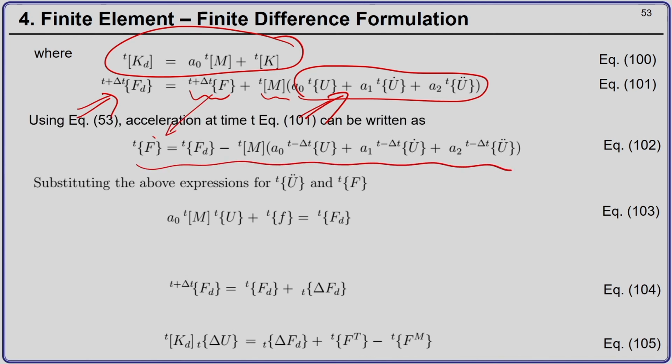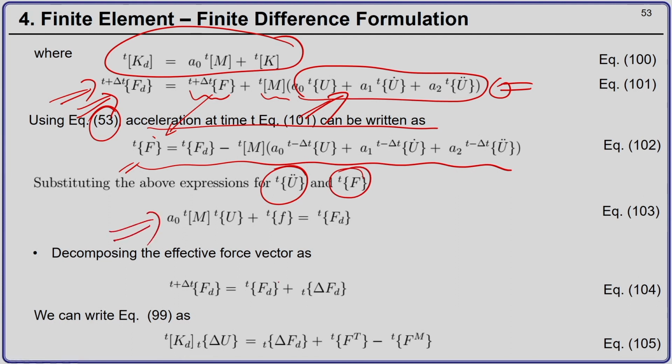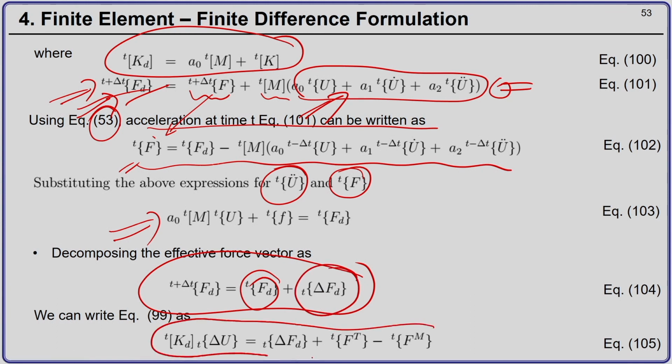Now if you use equation number 53, acceleration at time t, equation 101, you can write like this. If you write this at time t, you can write the following expression, and when you substitute for the expression of the acceleration at time t and the external force at time t, you can write this equation. And if you decompose the effective force vector, which is this here, as the effective force at time t plus the incremental effective force, we can write the equation in the following form.